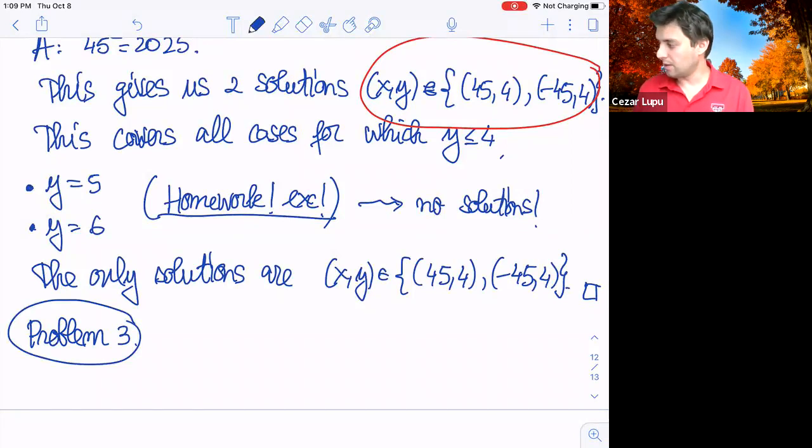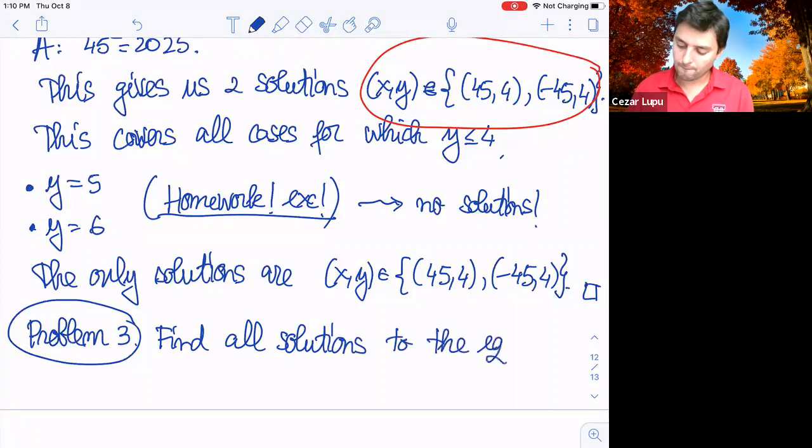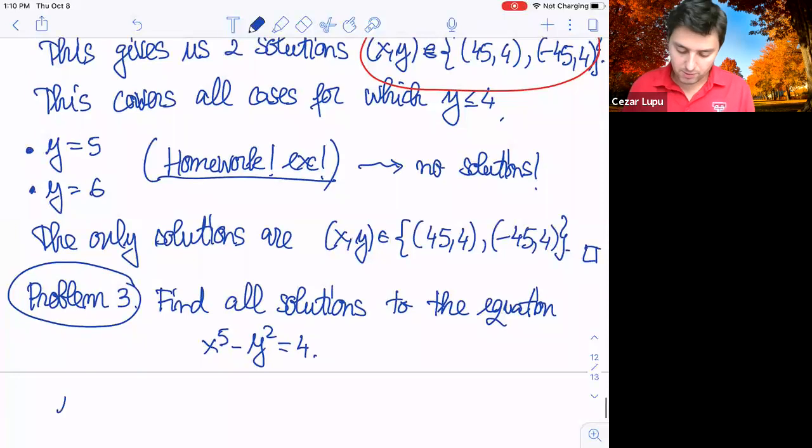So basically it says find all solutions to the equation x to the 5th minus y to the 4th minus y squared equals 4, in positive integers.